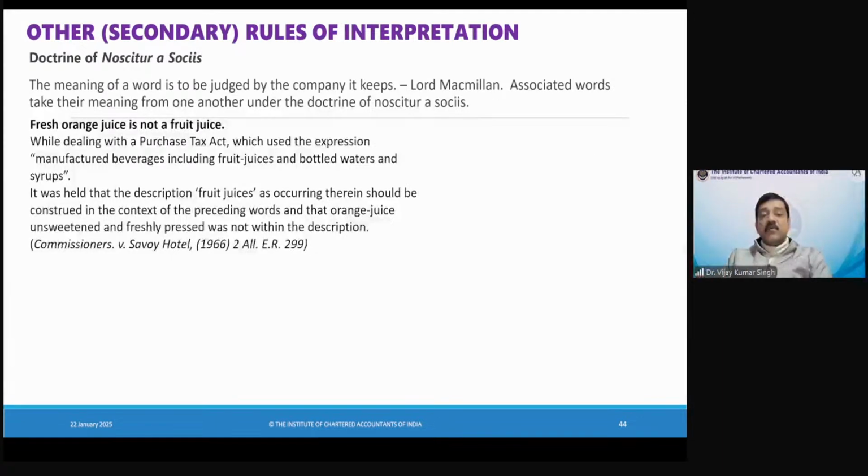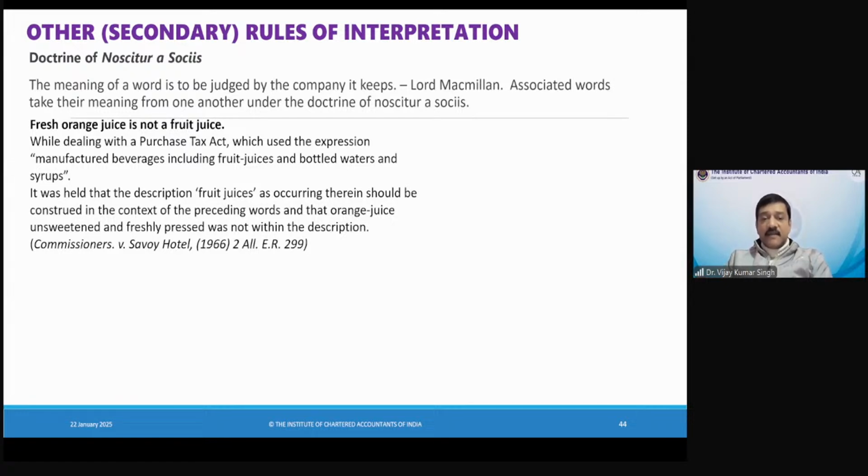While dealing with the Purchase Tax Act, which used the expression manufactured beverages, including fruit juices and bottled waters and syrups, it was held that the description fruit juices should be construed in the context of the preceding words, and that orange juice, unsweetened and freshly pressed, was not within the description of fruit juice. Because it was talking about processed juices, not fresh juice.